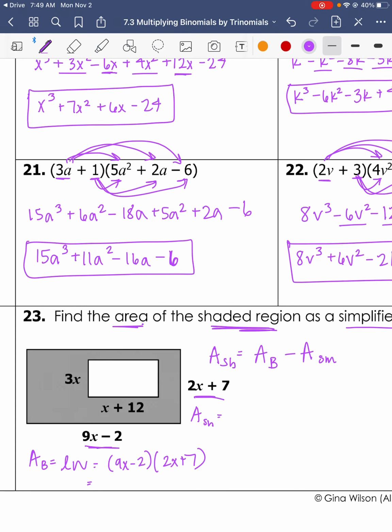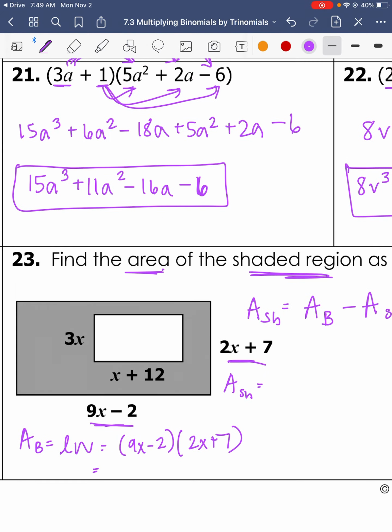Okay, our first, 9x times 2x, excuse me, is equal to 18x squared. The outer 2, 9x times 7, is equal to positive 63x.